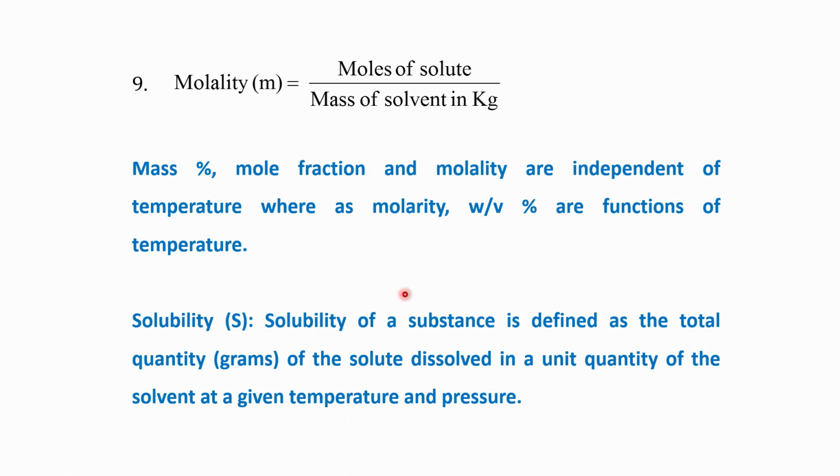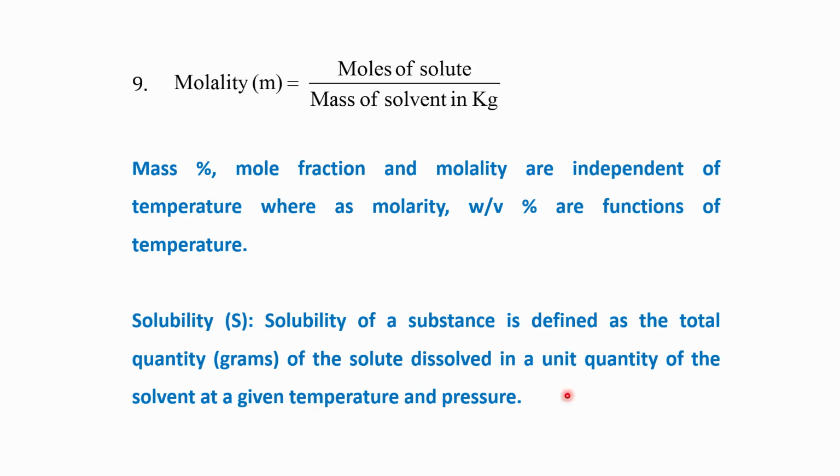And then we define another term, that is known as solubility. Solubility of a substance is defined as the total quantity of grams of the solute dissolved in a unit quantity of the solvent at a given temperature and pressure.